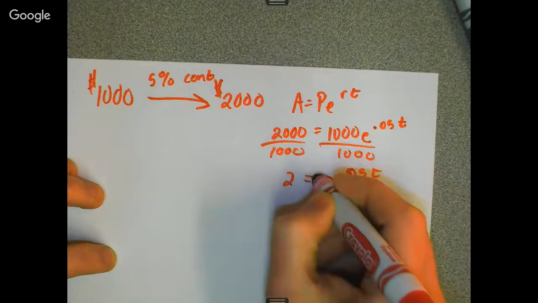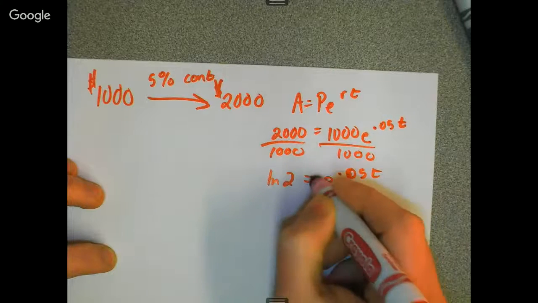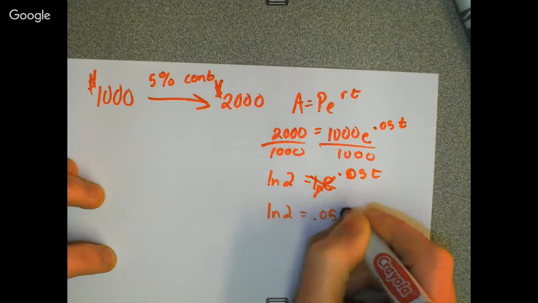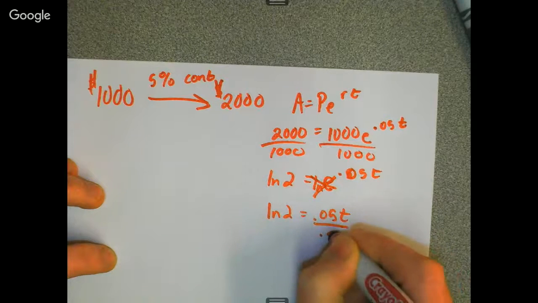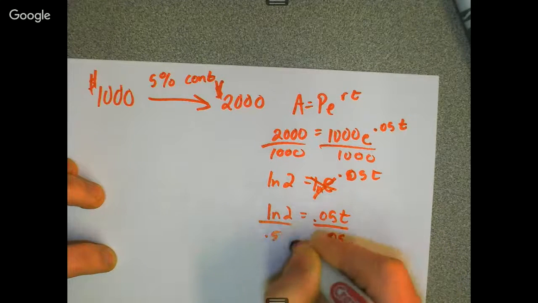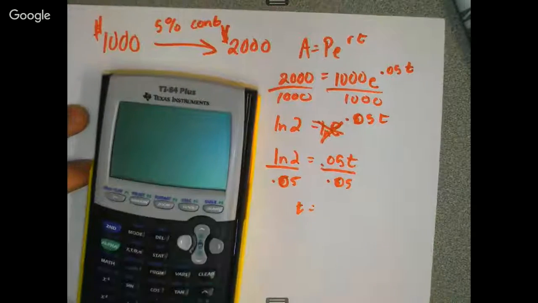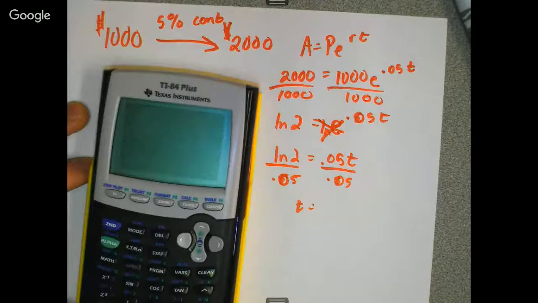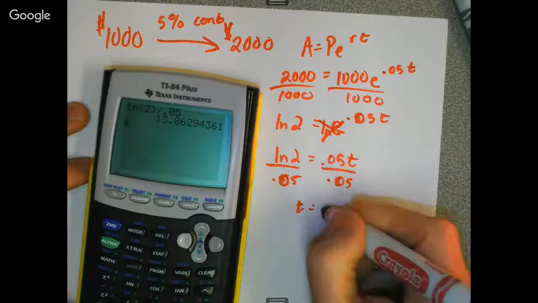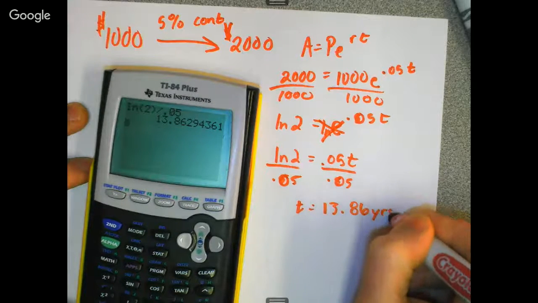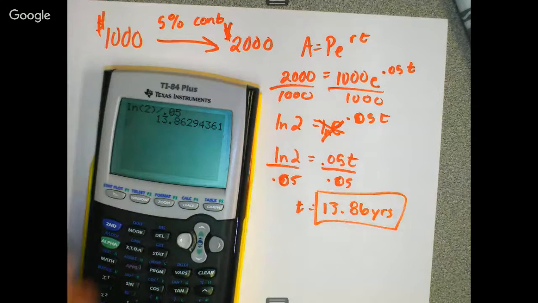We have to take the ln of both sides. That way those cancel. So I have ln 2 equals 0.05t, and divide by 0.05. So t equals ln of 2 divided by 0.05, which is 13.86 years. So it really needs to be in this account for 14 years before it will double.